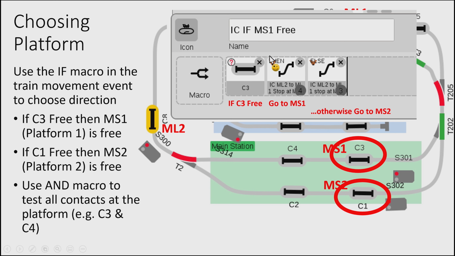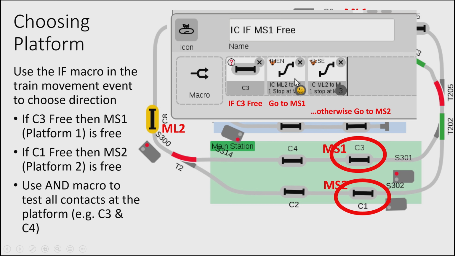So the first square here is the condition. So basically it checks whether or not C3 is free, right? You see it's gray, it's not yellow. So gray is free and yellow is occupied. So if C3 is free, then we do what is in the first block. Otherwise, we will do what is in the second block here.